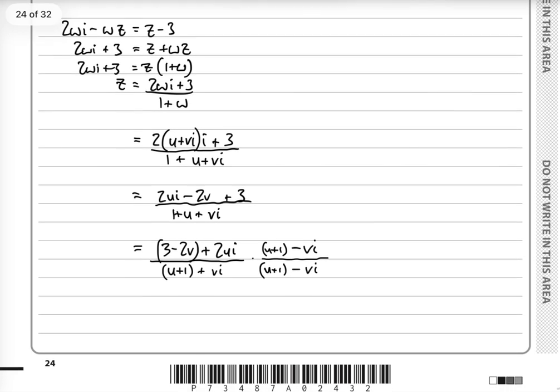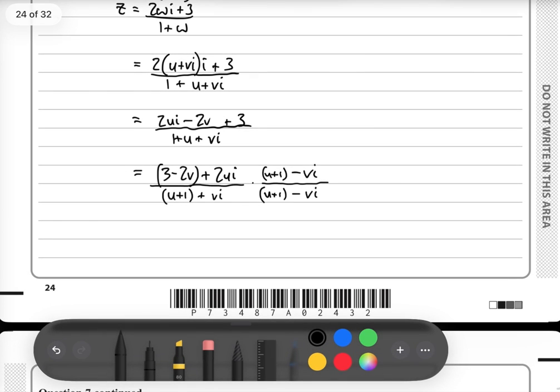Consequently, we've got to do the same on the top. That's going to give us a fairly messy numerator, but the point of that is that we get a very nice denominator. u plus 1 squared minus v squared i squared, so just plus v squared.